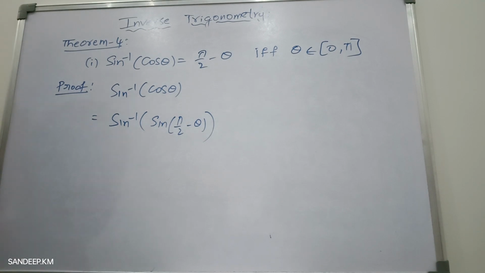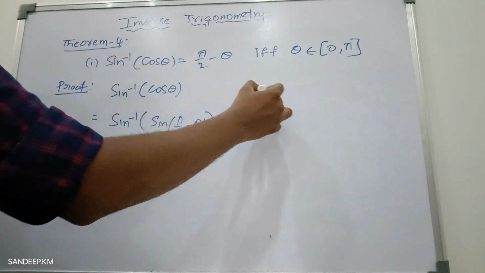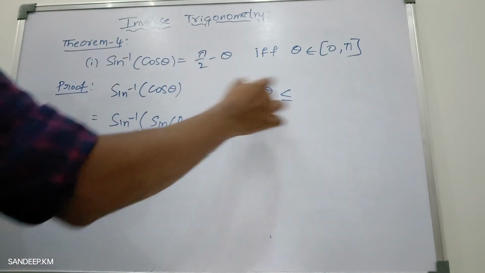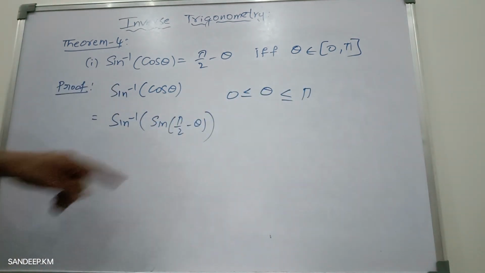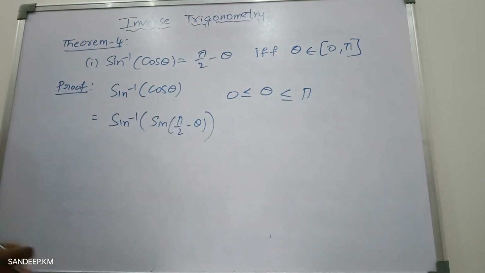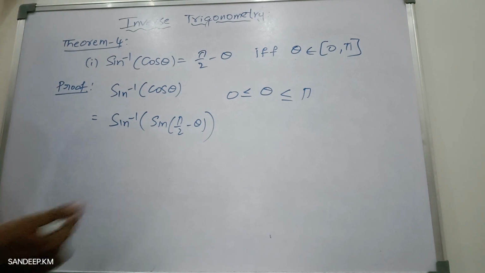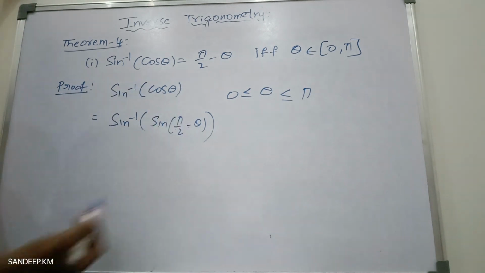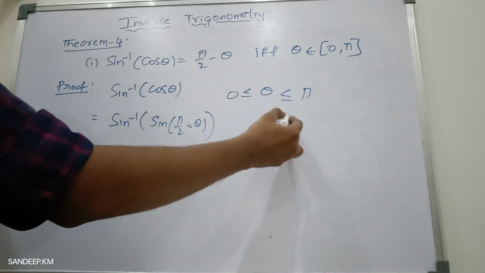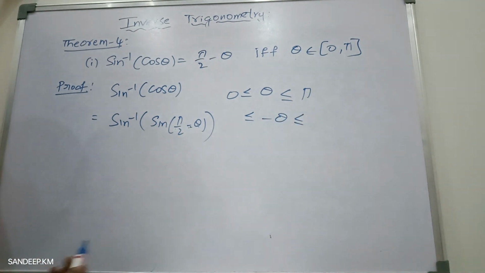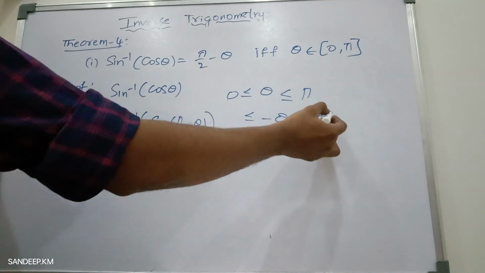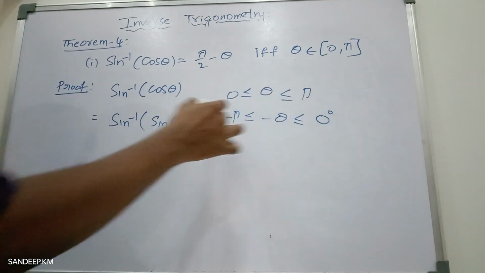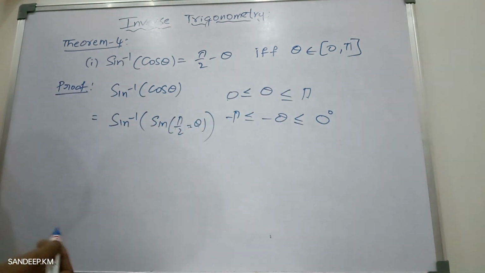And if theta is between 0 and pi, then what about 90 minus theta? It is between what values? Let us see. So 90 minus theta. First of all, minus theta. If I multiply with minus, what happens? Minus into 0 will go here and minus into pi will come here. The values will be exchanged. These are our basics in inequalities.